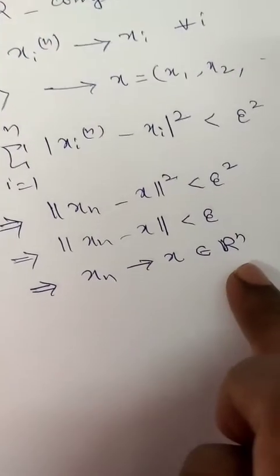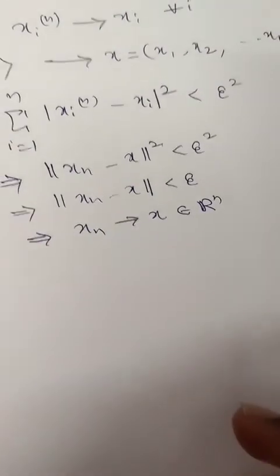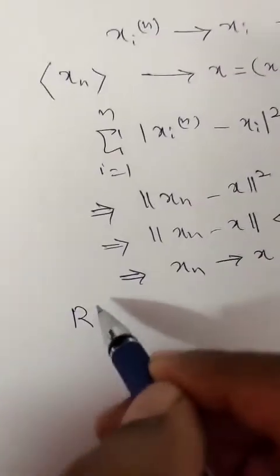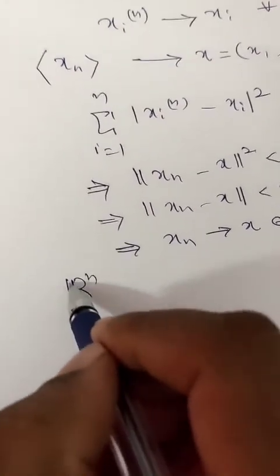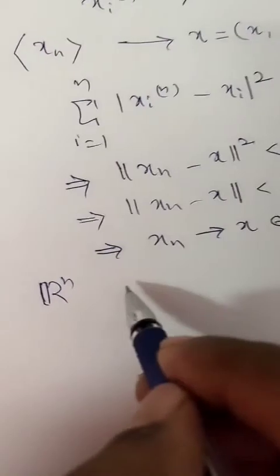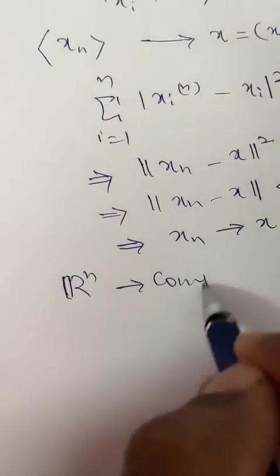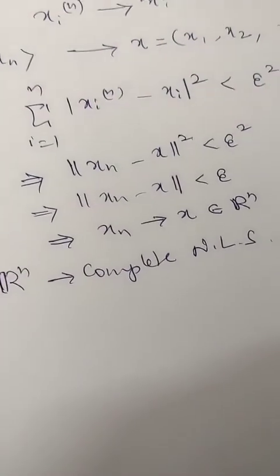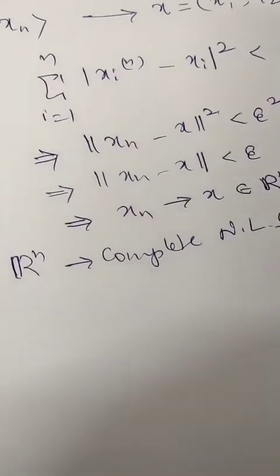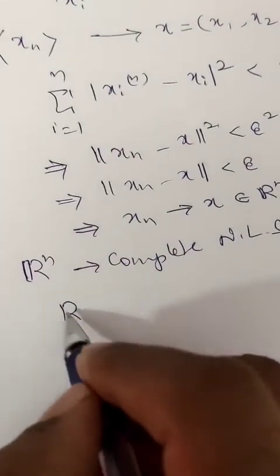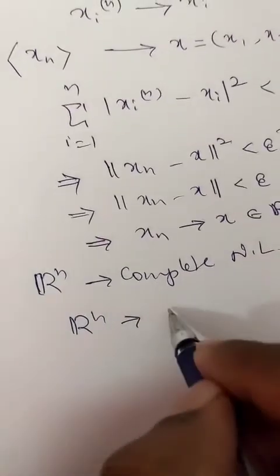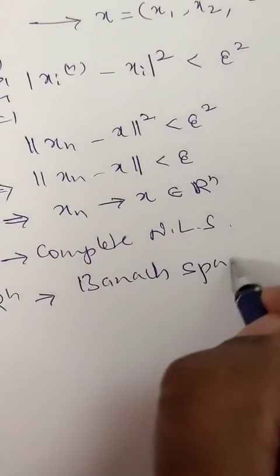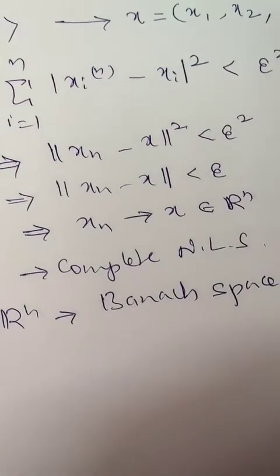So we can declare that R^n is a complete normed linear space. A complete normed linear space is called a Banach space. Therefore R^n becomes a Banach space.